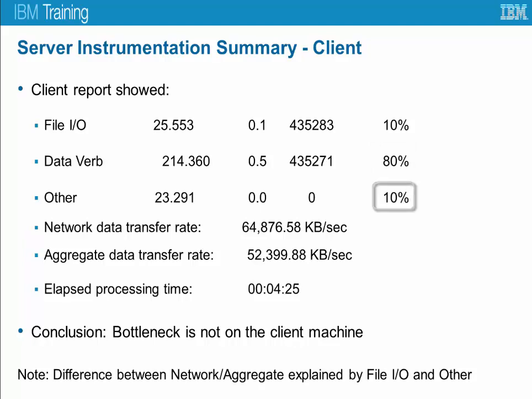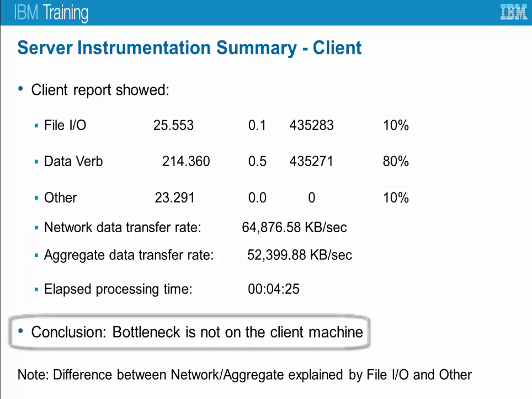Then there's the other category representing non-specific processing. However, if we add this other with file I/O, that combined 20% explains why the aggregate rate was slower than the network rate. So it is useful. At this point, I would conclude that the bottleneck is not in the client environment.